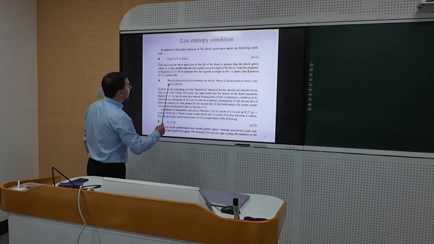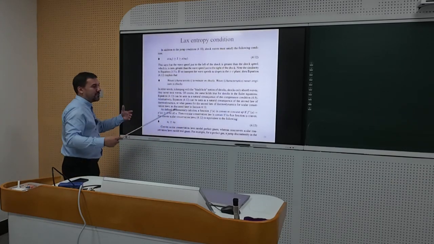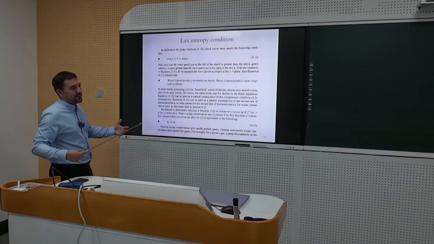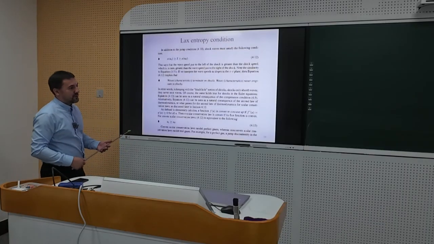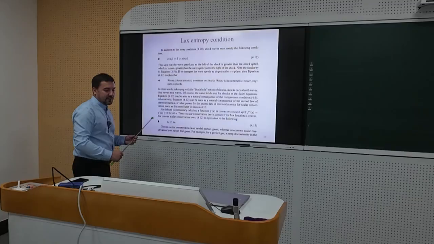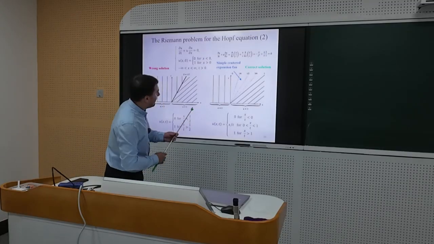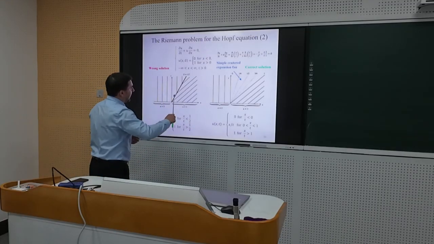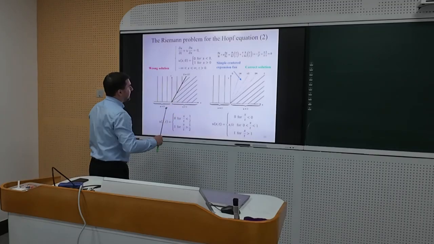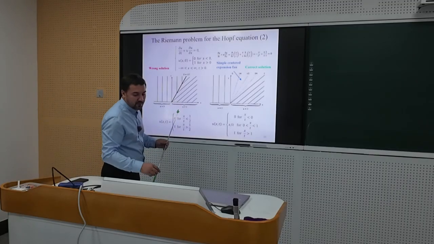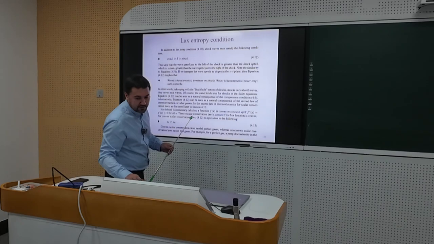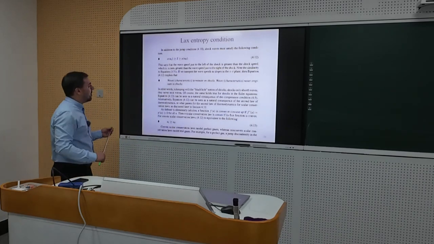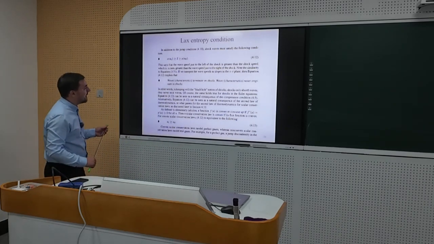Waves or characteristics never originate in shocks. So we can formulate this criterion in different words. So it means that this situation when characteristics originate on the shock wave is forbidden. It's wrong. It does not fulfill the second law of thermodynamics.